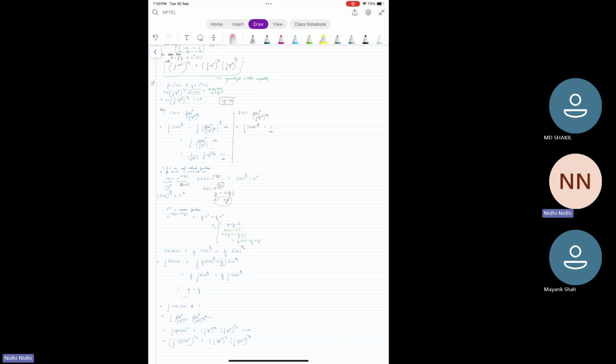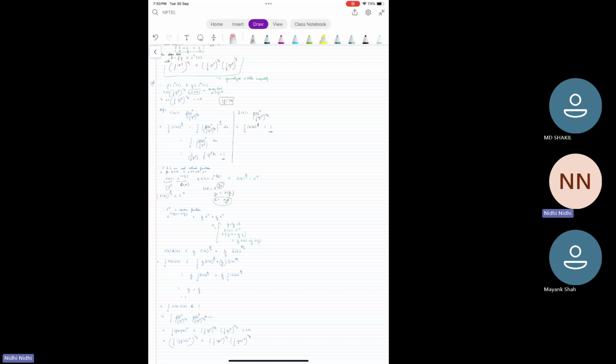This is used at various places, so you'll come across this inequality a lot of times. So it's good to see the proof. The proof is mainly manipulating everything eventually to get what we want, and the main idea was to use the convexity of the function e to the power x.